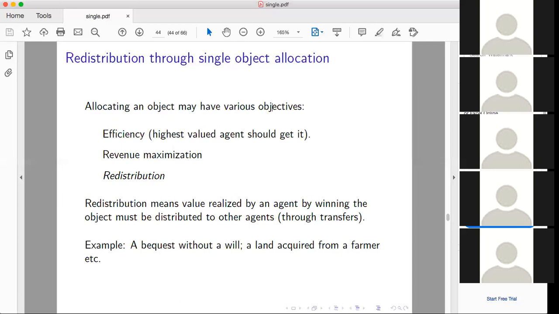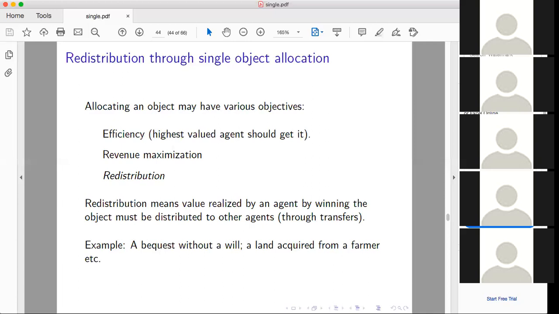So we can set up an extended game where, in stage one, we ask people their values and do a Vickrey auction, and in stage two, we devise a way to redistribute the gains from the Vickrey auction. But remember, for any such extended game, the revelation principle says that there must be a one-shot game where I just ask for values and determine payments and allocations.